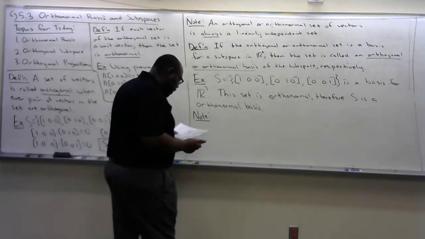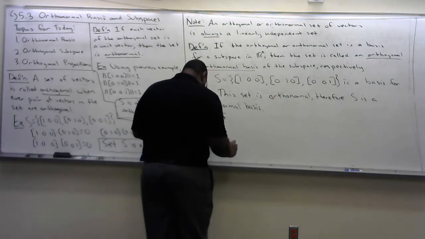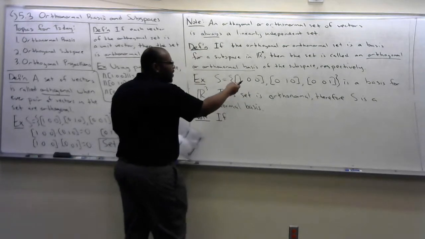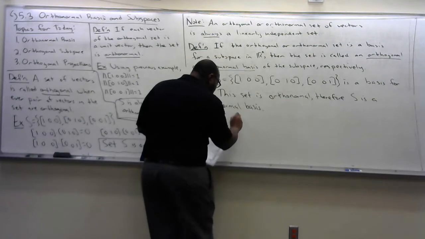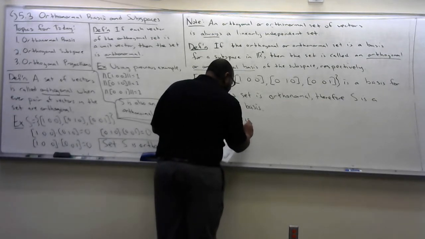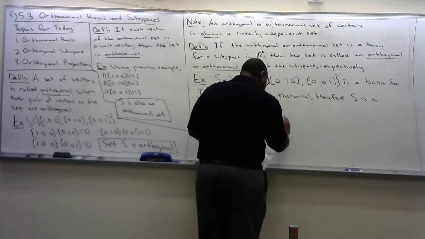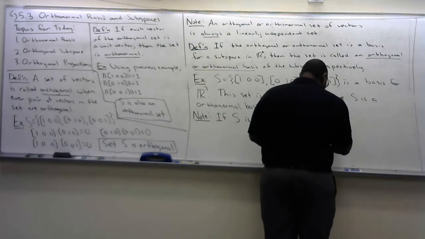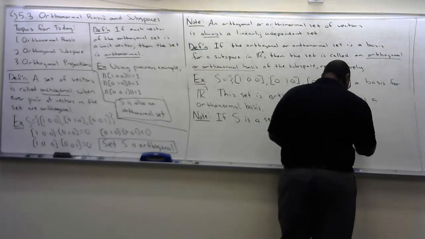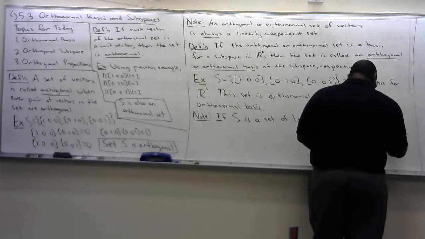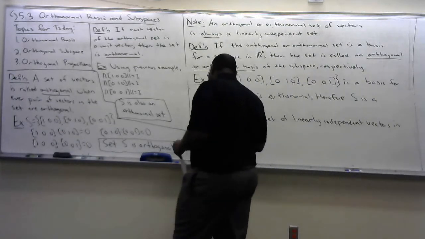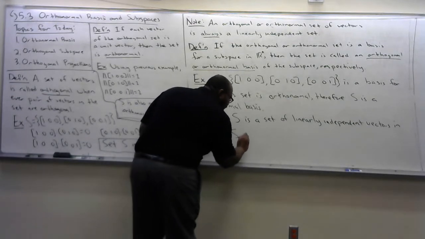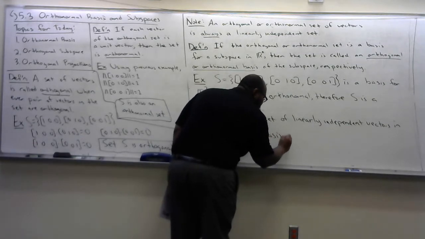It says this: if S is a set of n linearly independent vectors in Rn, then S is a basis for Rn.